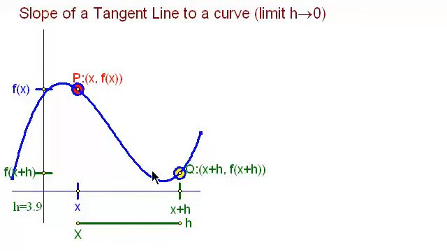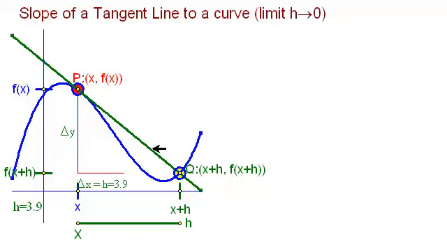So now we have 2 points and we can find the slope of this line. But this line is not the tangent line, it is a secant line. But we can find the slope of this line by using the formula.